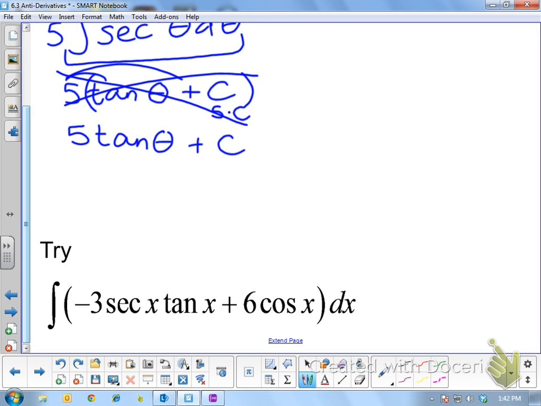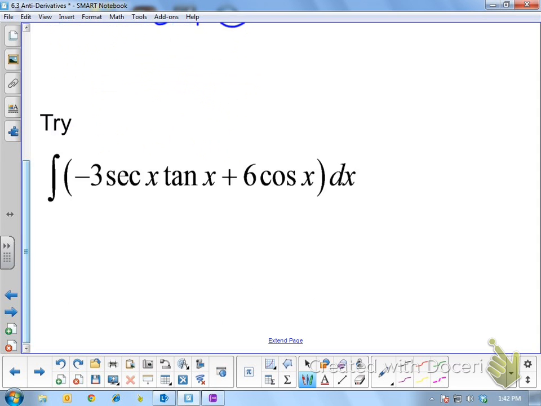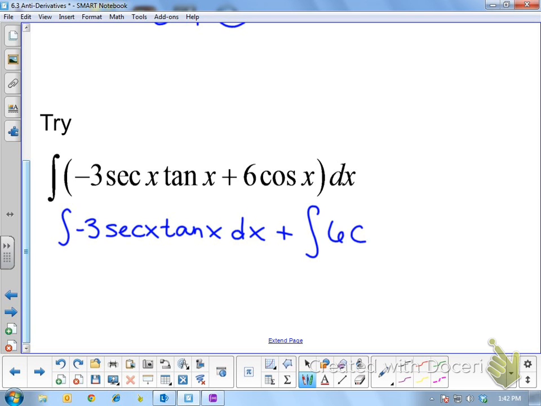Well, same thing here. I can really integrate these separately. And we don't have to write it out like this, but just to show you, I can take those integrals separately. Anytime I have a plus or minus sign, I can integrate those two things individually. Okay, so try this problem.